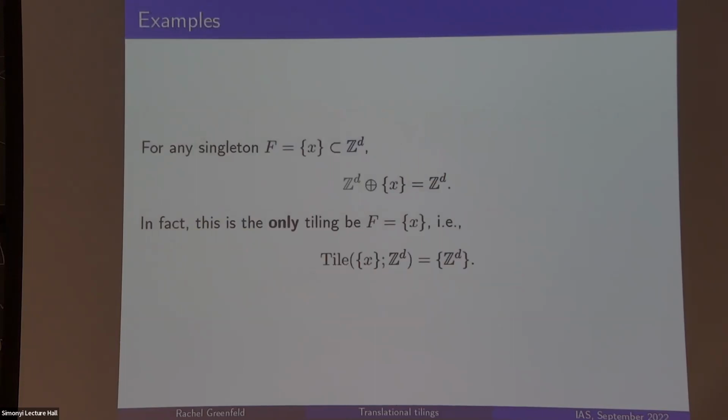Here is a simple example. My F is a singleton, containing only one point. Then this is a tile of Z^d, because if I translate it along the integer lattice, I cover every point in the lattice exactly once. I have a tiling. And in fact, this is the only tiling by a singleton.